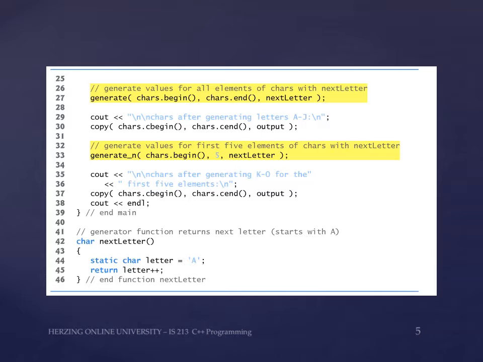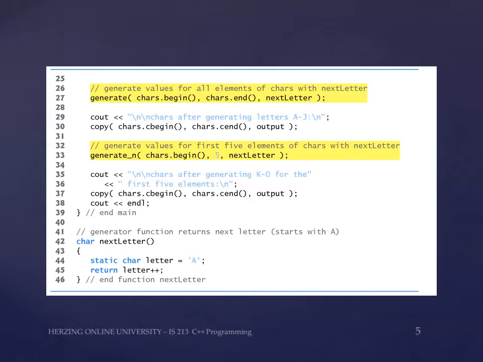Line 27 uses the generate algorithm to place the result of a call to generator function nextLetter in every element of vector chars from chars.begin up to but not including chars.end. The iterators supplied as the first and second argument must be at least forward iterators.